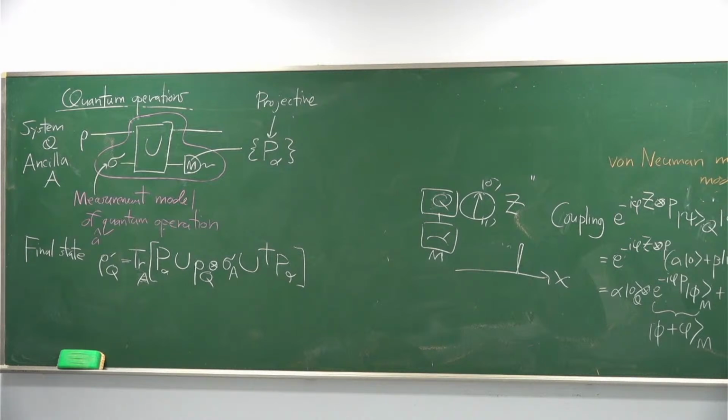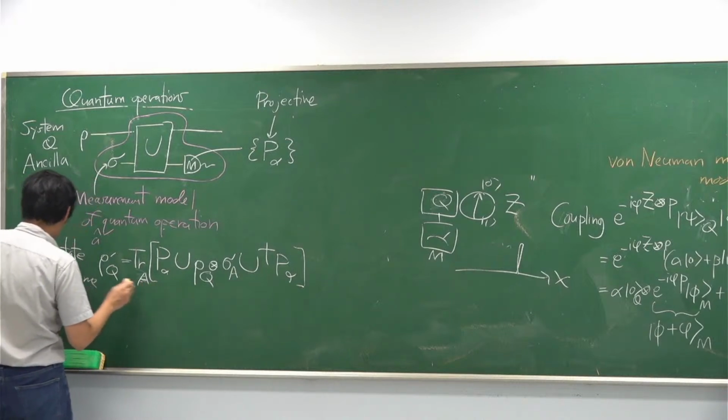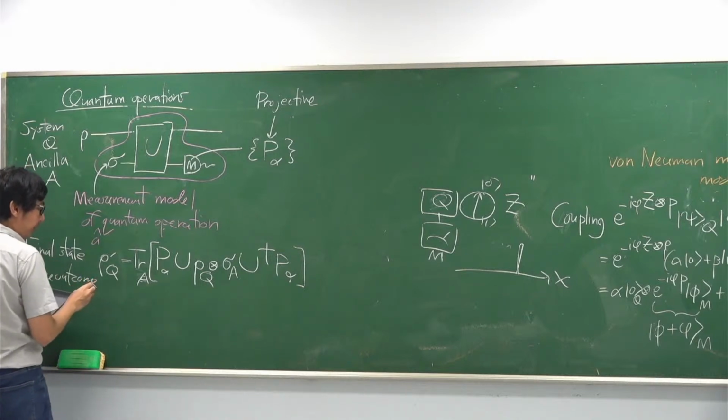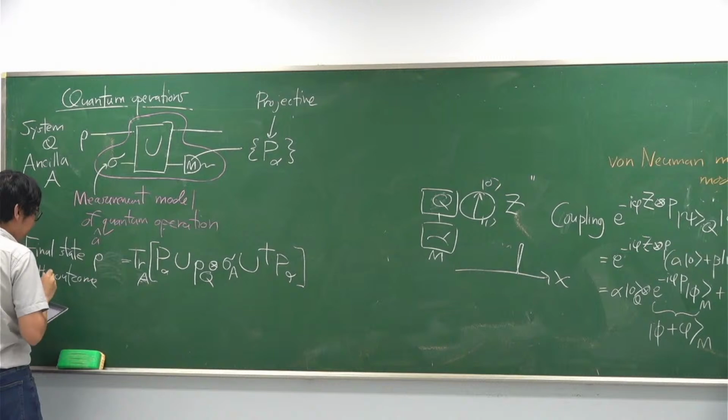Sorry, this is the final state if the outcome of the projective measurement on the ancilla is alpha, right? And actually, I think I have to divide it by the probability.